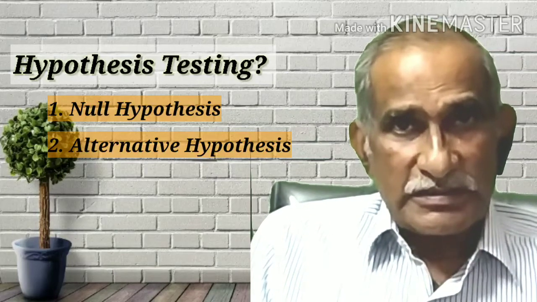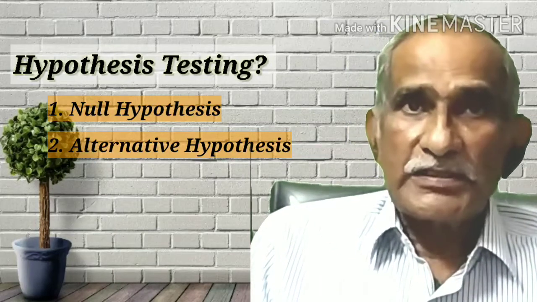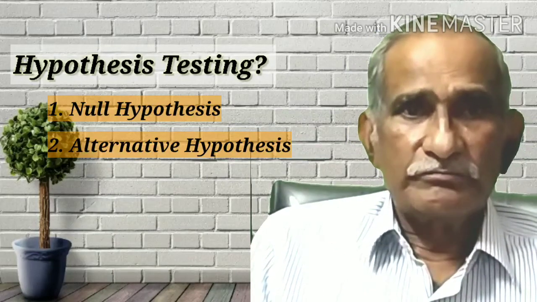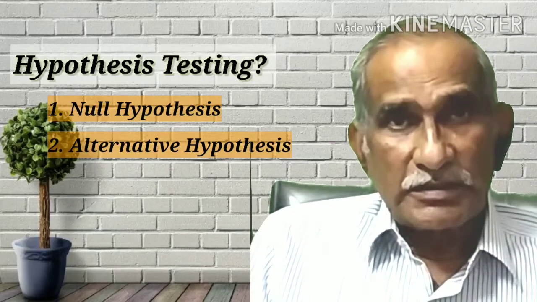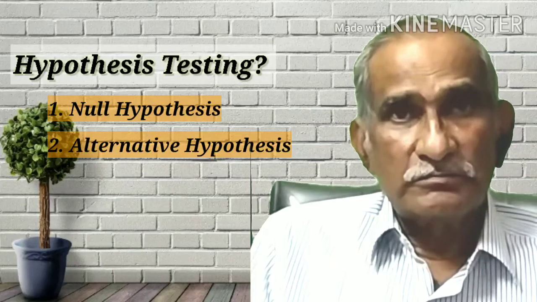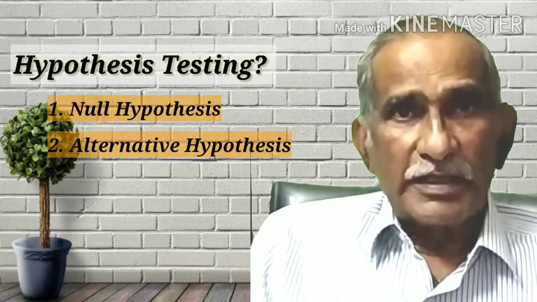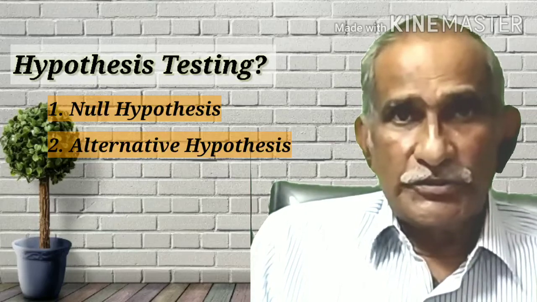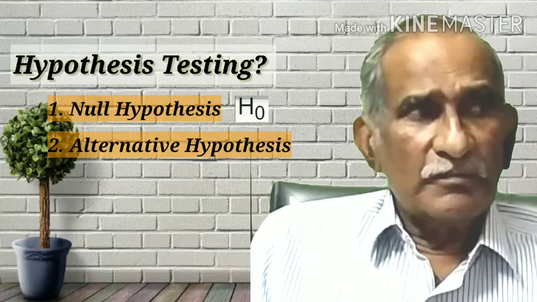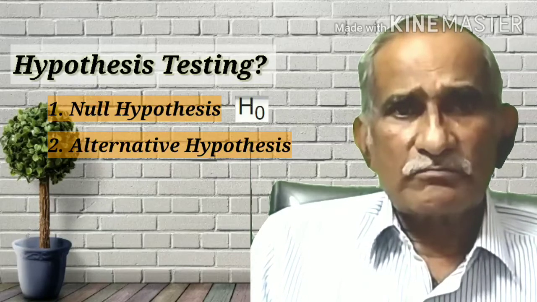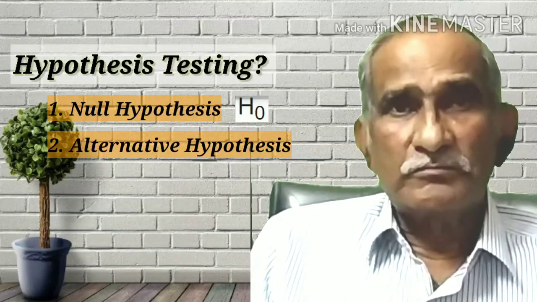A hypothesis under test is known as a null hypothesis. The hypothesis that you are going to test is the null hypothesis, and it is usually denoted by H0. This null hypothesis would either be rejected or accepted.